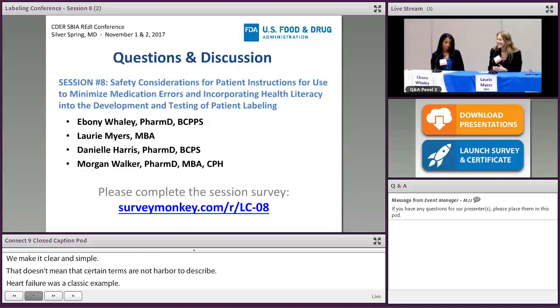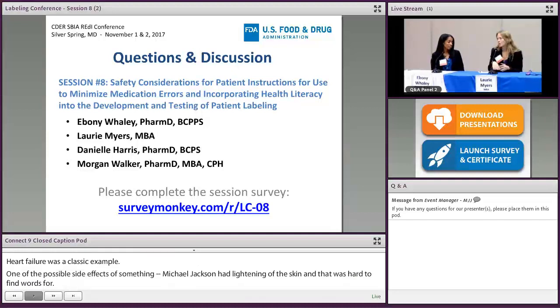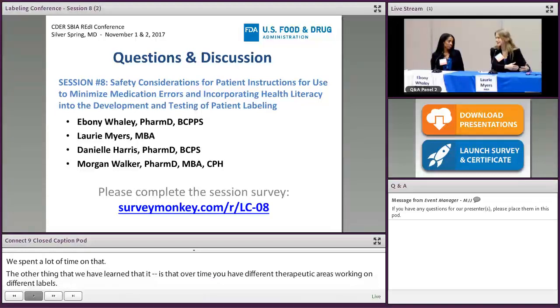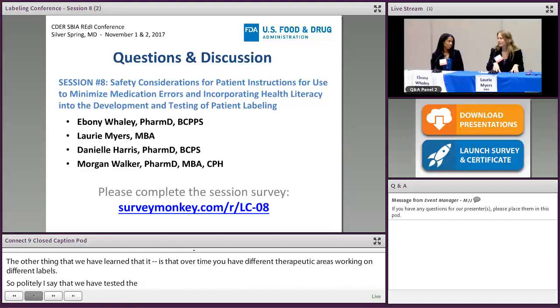That was a really hard thing to find words for, so we spent a lot of time. The other thing we've learned is that over time, you have different therapeutic areas working on different labels. So politely, I've said, we've tested this now 7 times and it's really well understood. So even though you have a slightly different opinion, is this a problem?